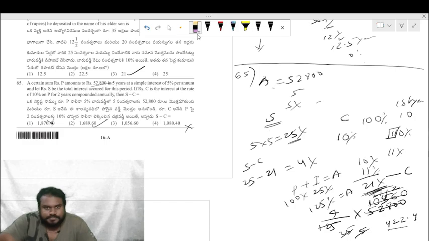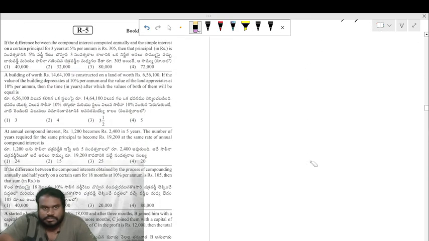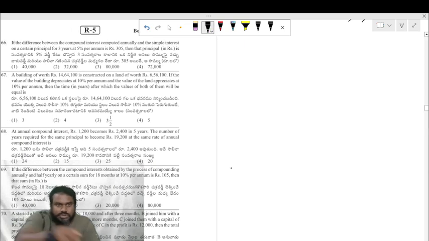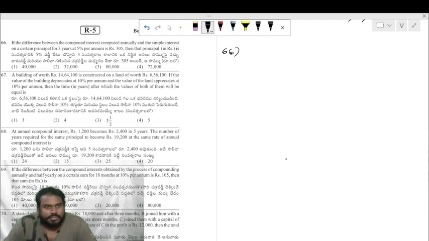Next, question 66. The difference between the compound interest compounded annually and the simple interest on a certain sum for 3 years at 5% per annum is rupees 305.